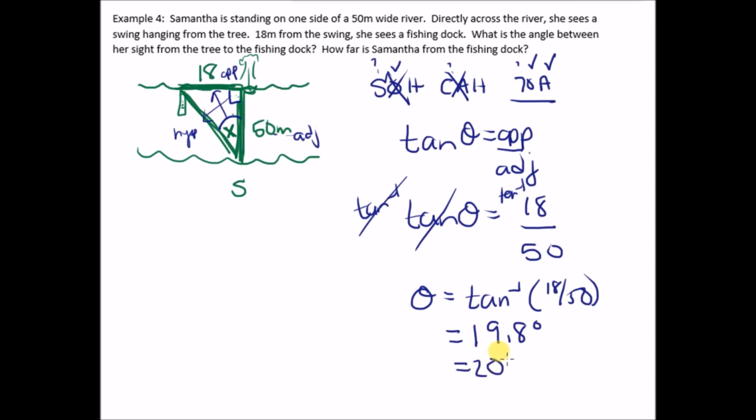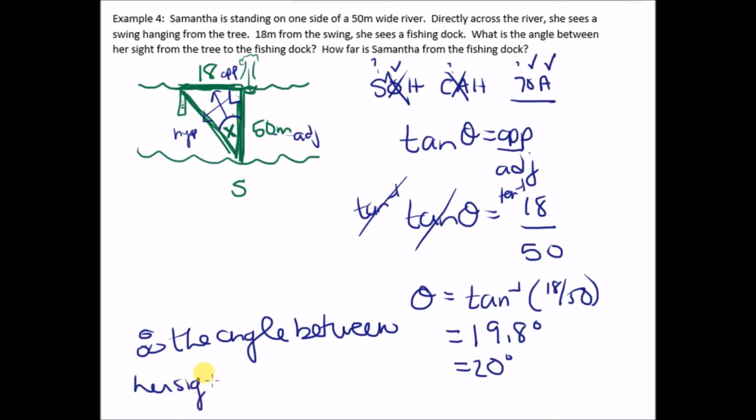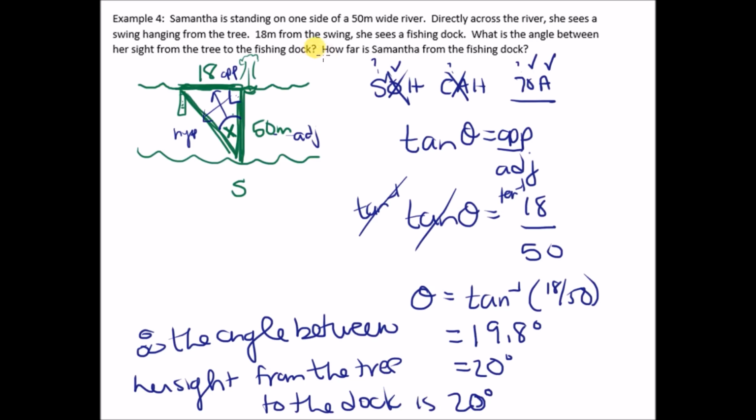Let's just round to 20 degrees. So therefore, the angle between her sight from the tree to the dock is 20 degrees.